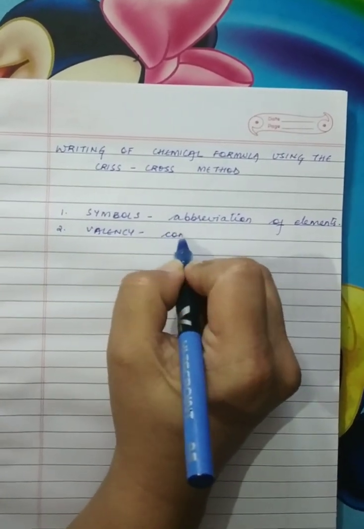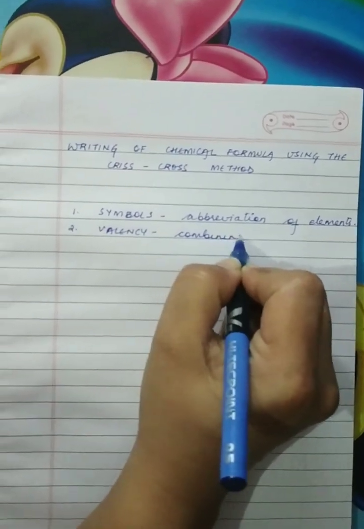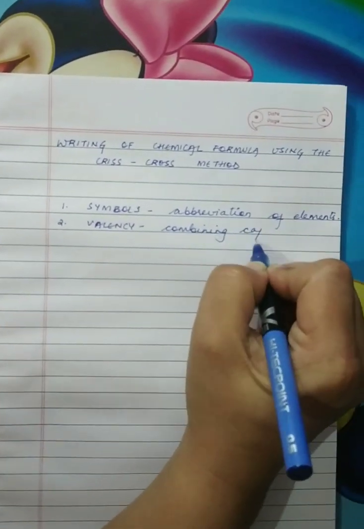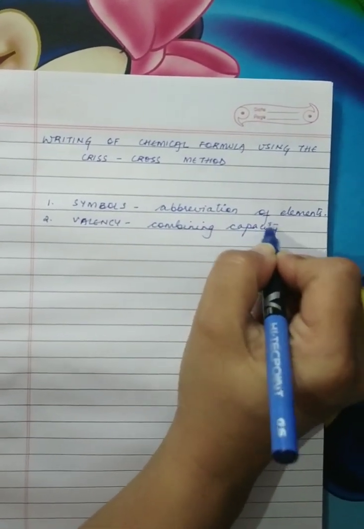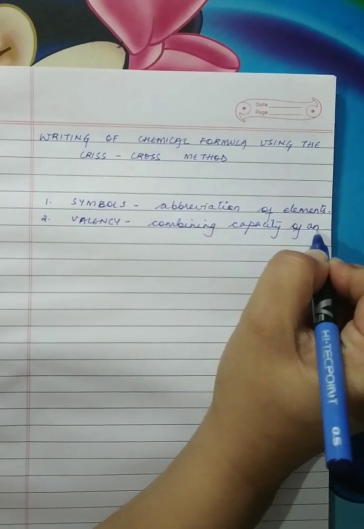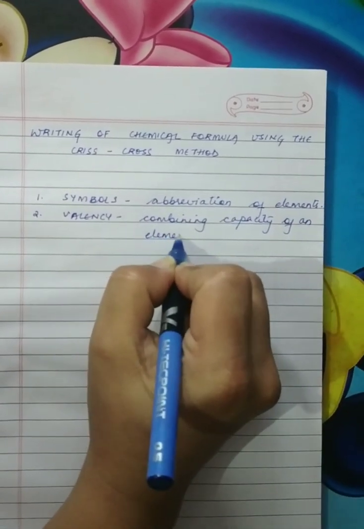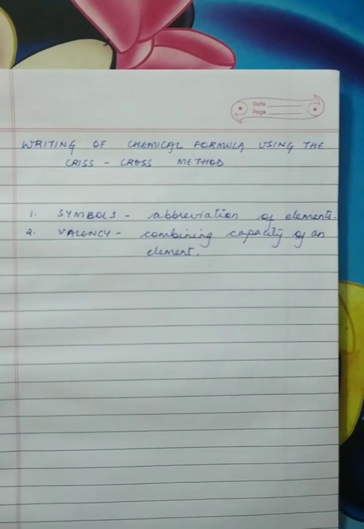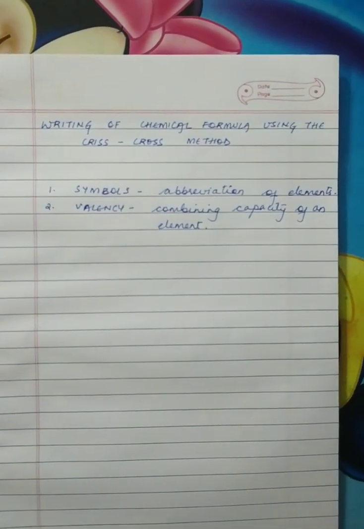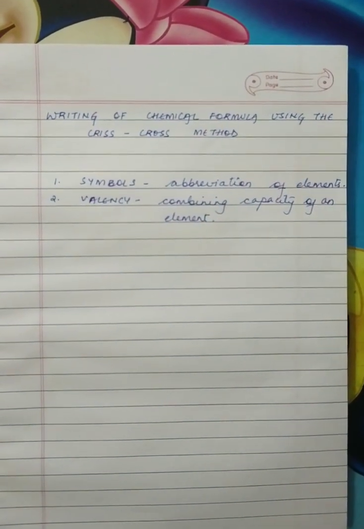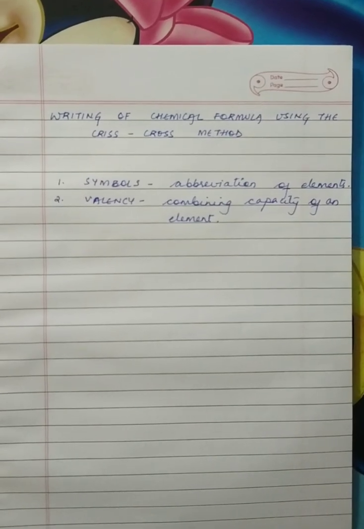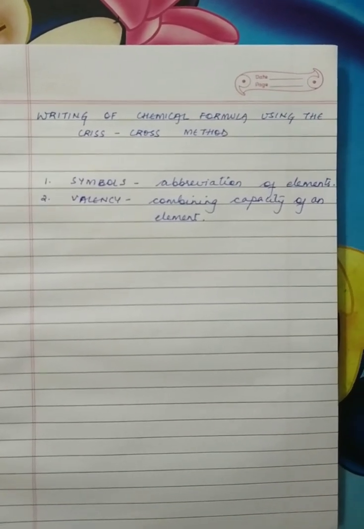It is the combining capacity of an element. You will be provided with a list of various valencies of various elements. So first let's learn how we write the chemical formula.